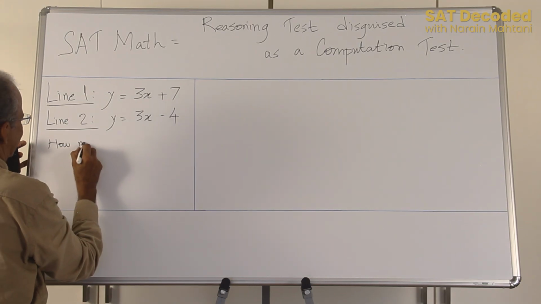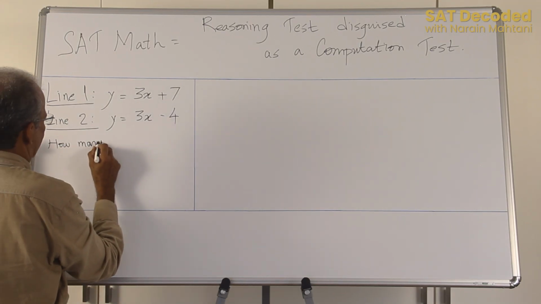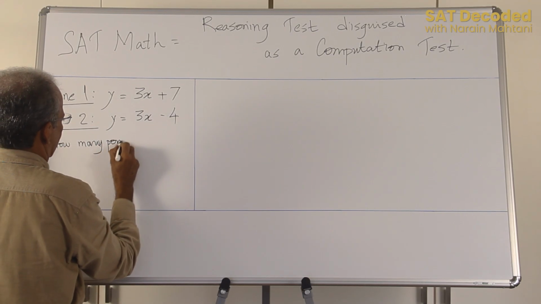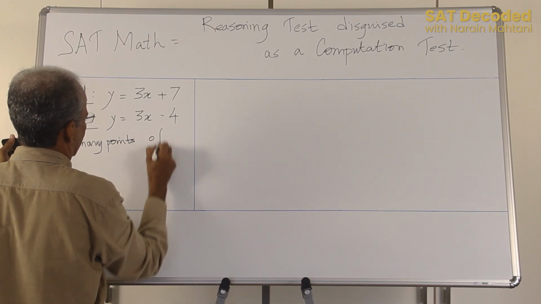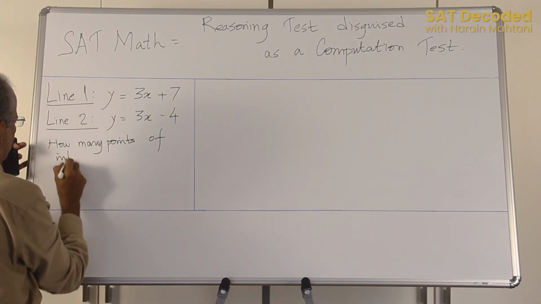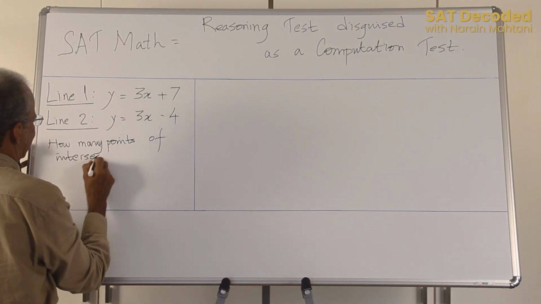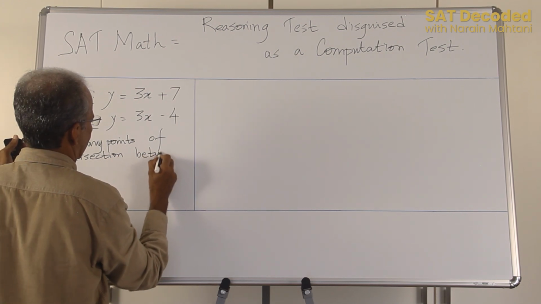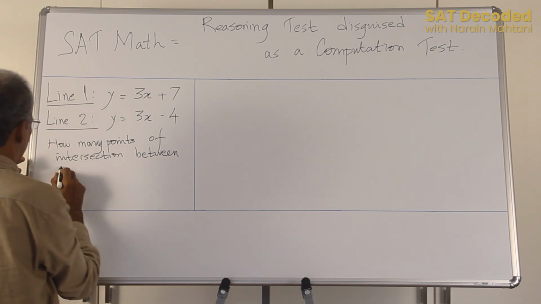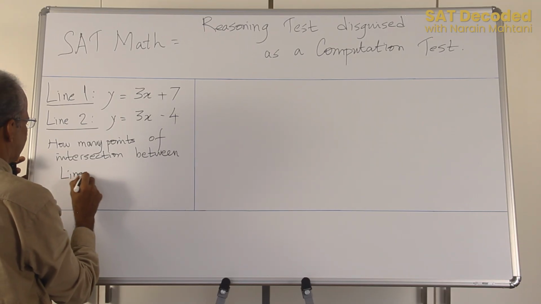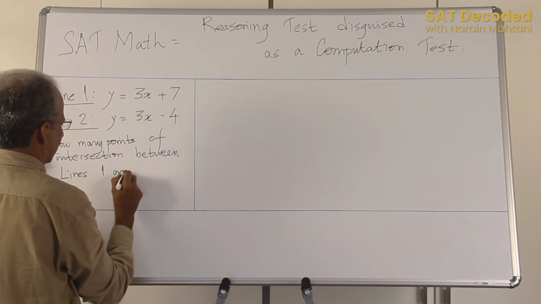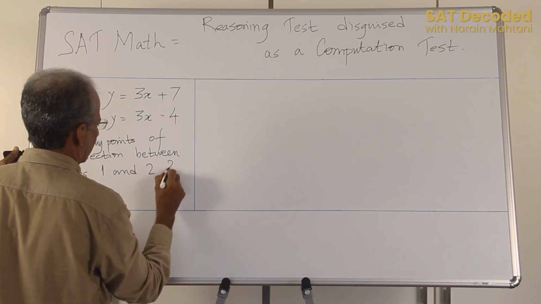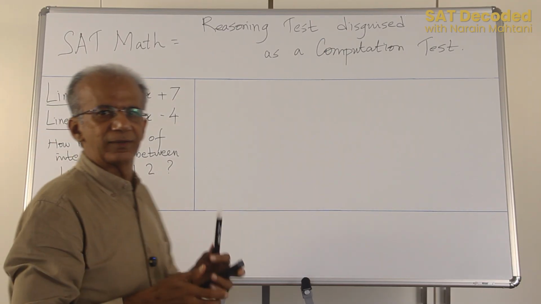And the question is, how many points of intersection between lines 1 and 2.